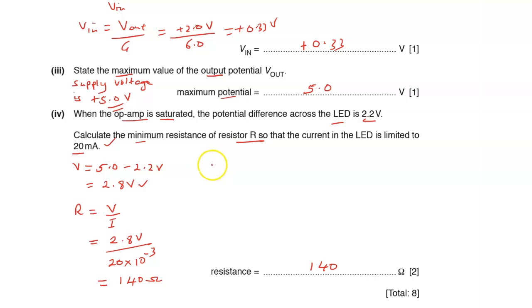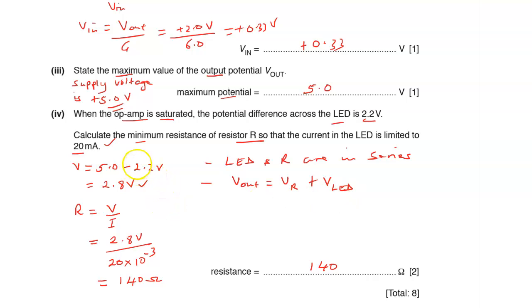Don't forget, the LED and resistor R are in series, and so the sum of their voltages should be equal to V out. So V out should be the voltage across the resistor R plus the voltage across the LED.